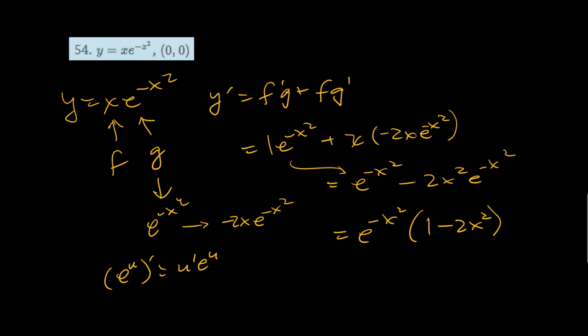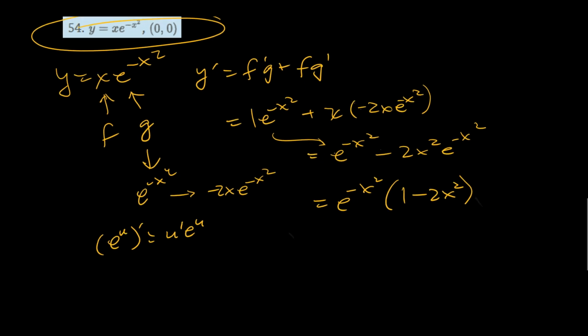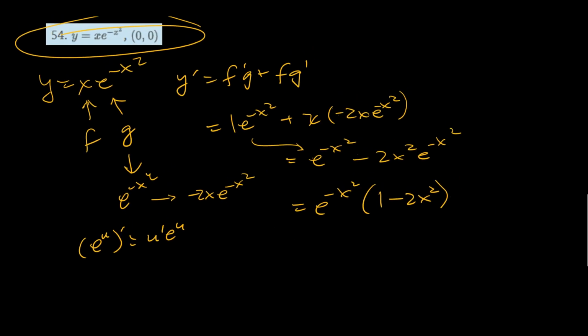And we're going to find the slope and the equation of the tangent line at 0, 0. So let's see here. So this is y prime. So y prime at 0 will be e to the 0 times 1 minus 2 times 0, which is 0. So this is all just e to the 0, which is 1.